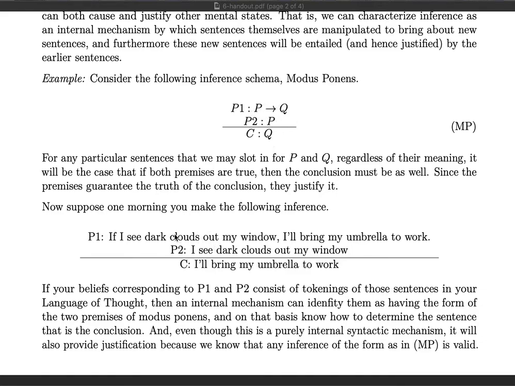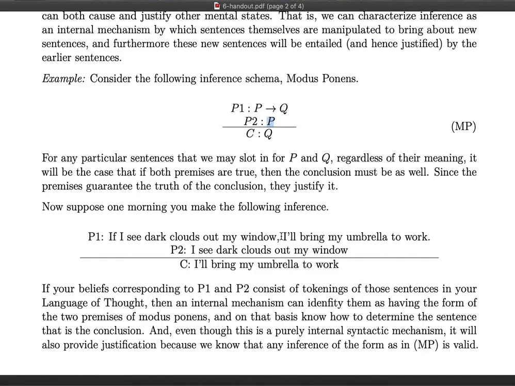So what this internal mechanism does is it can look at the actual sentences themselves and notice that this clause right here, the antecedent of the conditional, shows up here in the antecedent of the conditional, and also shows up as a second premise. And so just by looking at the sentences themselves, it can be determined that you have something of the form where you have a sentence P in the antecedent of one premise, and then that same sentence as the other premise.